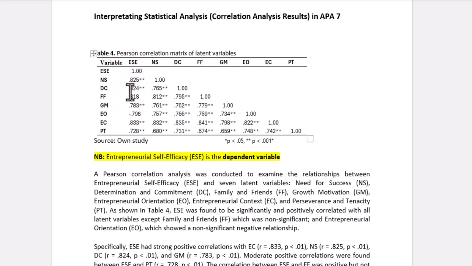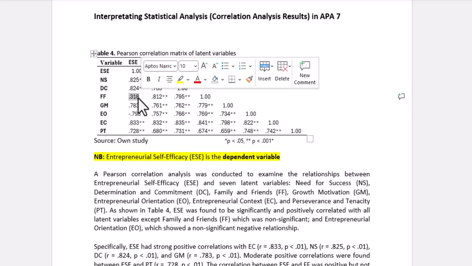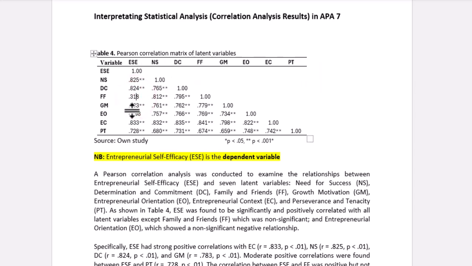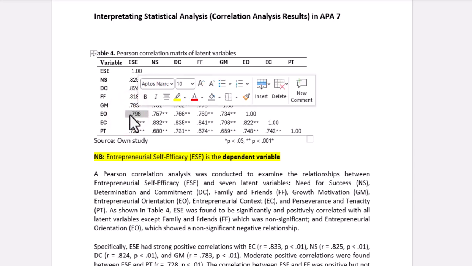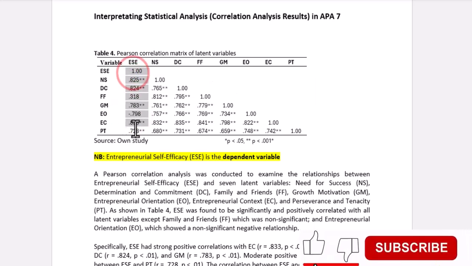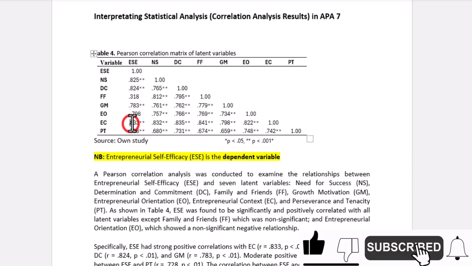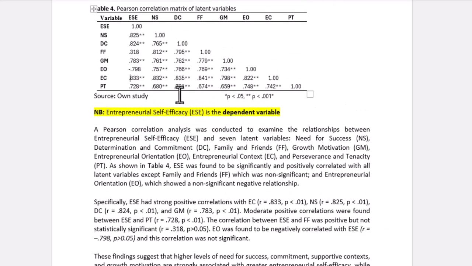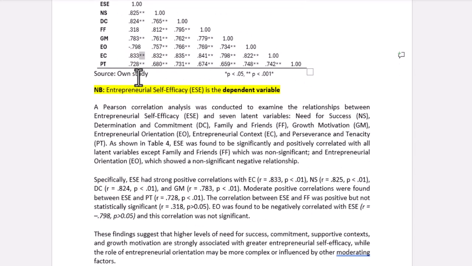All of them were significant and positive except FF, which was not significant, and EO, which was negative and not significant. All the rest were positive and significant. Remember that the 2 stars mean that the relationship is significant.